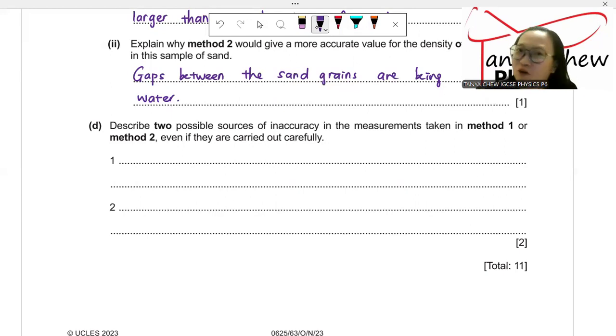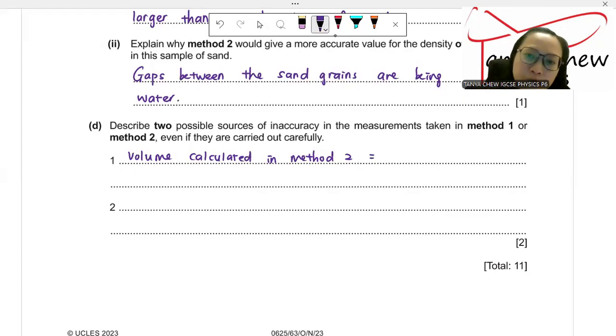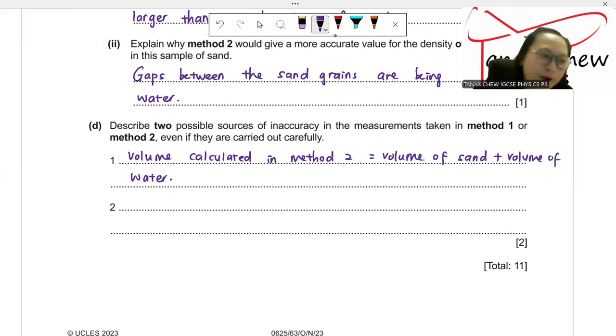It's not the actual volume of the sand. So I would say that the volume calculated in method 2 is equal to volume of sand plus, maybe a little bit of water, volume of water.